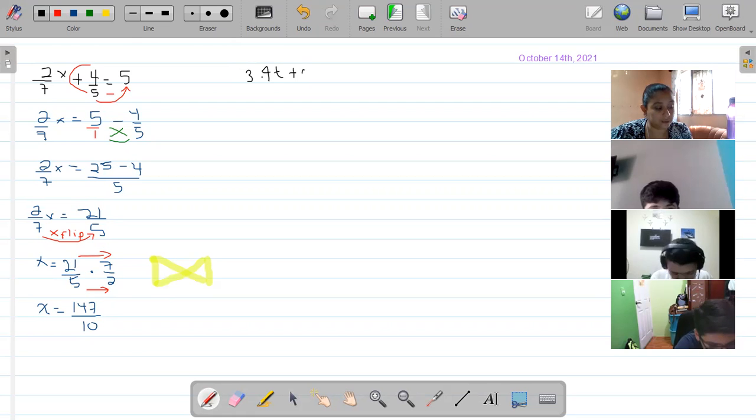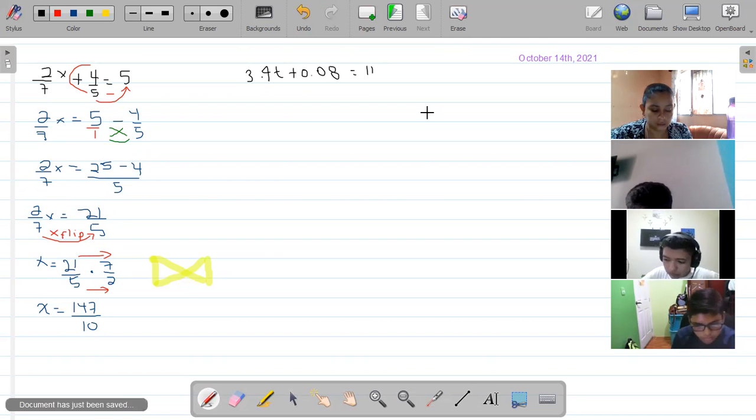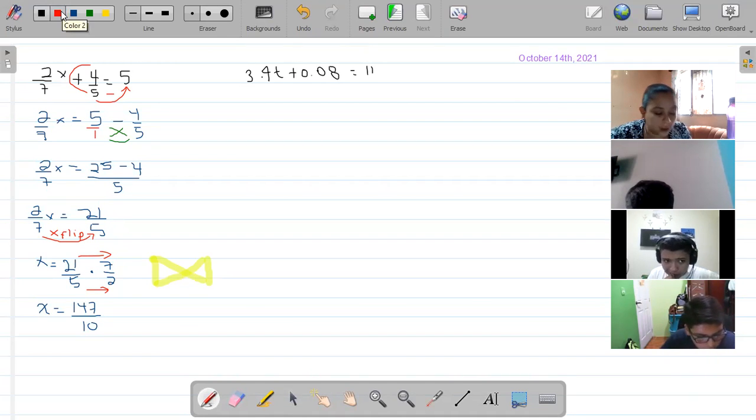So 3.4t plus 0.08 is going to be equal to 11. So what should I do now? What should I do, guys? What's the first thing that I need to move?